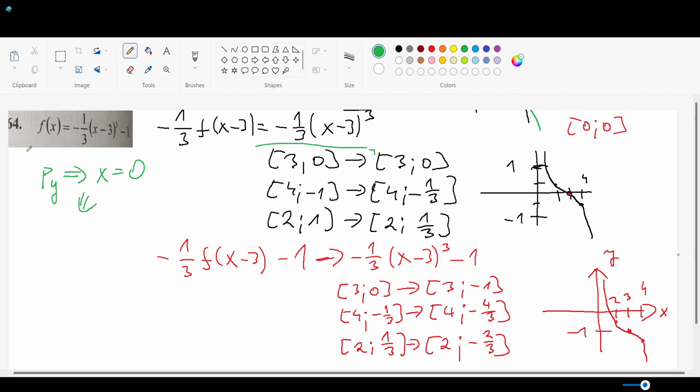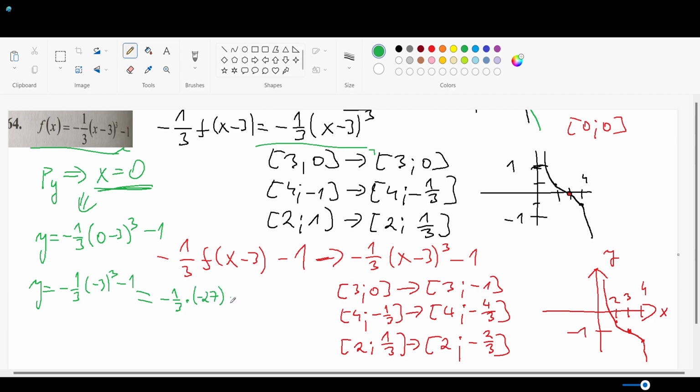So from the definition of the function, we are looking for y if x is being 0, so y equals -1 over 3 times 0, take away 3 to the third power, take away 1. It would mean that our coordinate y is equal to -1 over 3 times -3 to the third power, which is -27, take away 1.